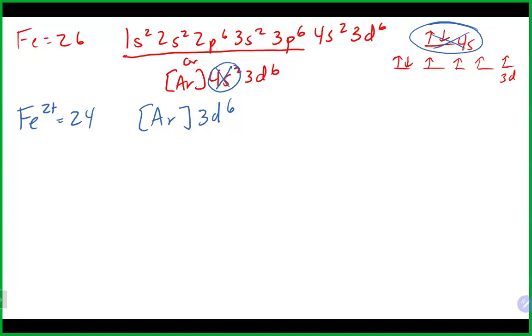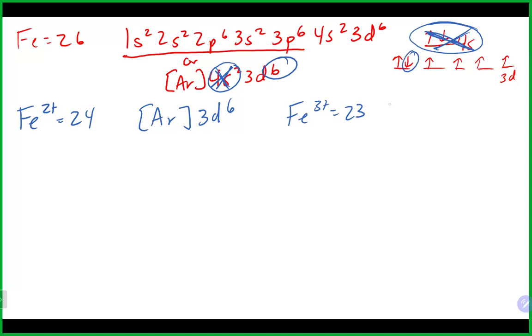Question on that there. Now, if we went to iron that had a +3 charge, it would then be down to 23 electrons. Same thing is going to happen. We're going to take off these 4s electrons first, but now we will have to dig into the D to lose that third electron, which would be that one right there.